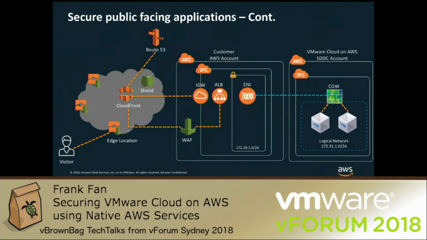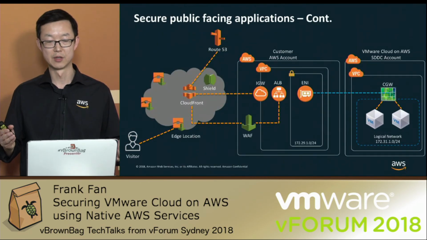Furthermore, we can continue using other cloud-native services. For example, in the box in the middle, you can see the WAF. That's a web application firewall. This one will provide an application layer firewall to prevent application layer DDoS attacks, for example, SQL injection.